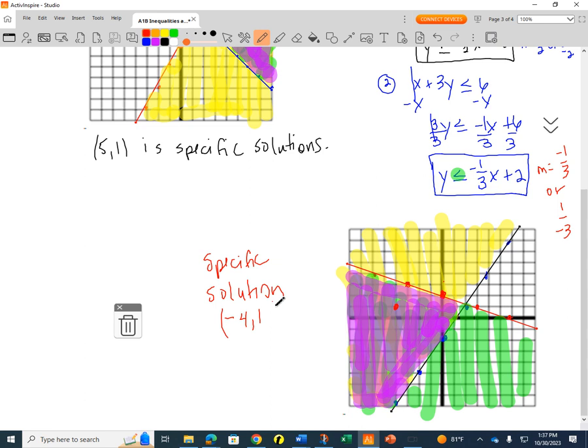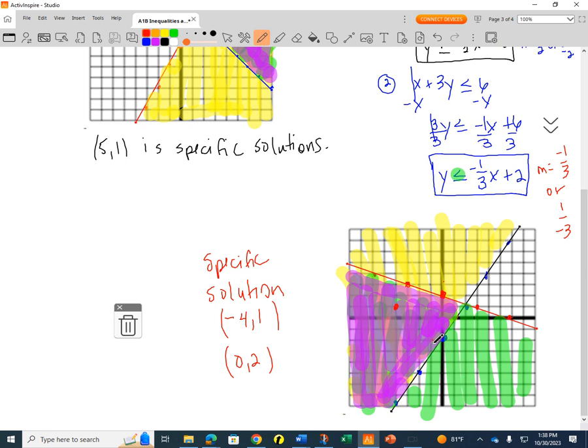So it would be in that shaded area. Remember that shaded area goes on forever and ever. These lines extend forever and ever, and everything that falls within those lines is a solution. Another solution would be 0, 2, because the points on the solid lines are also solutions to the system.